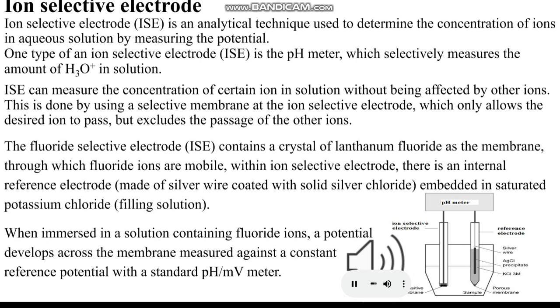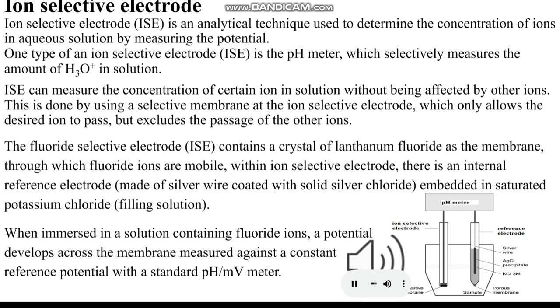Ion selective electrode can measure the concentration of a certain ion in solution without being affected by other ions, without interference. This is done by using a selective membrane at the ion selective electrode, which only allows the desired ion to pass and excludes the passage of other ions.